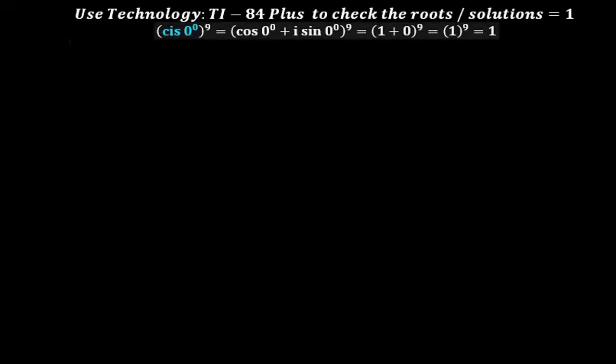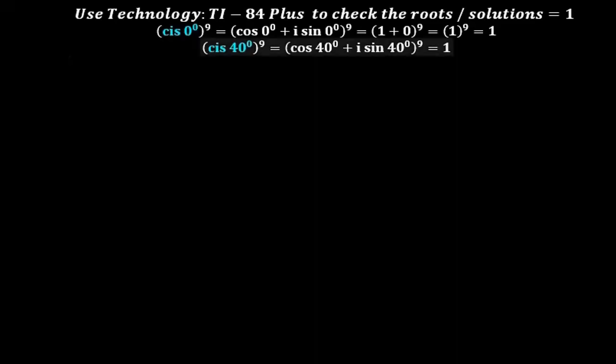Cosine 0 is 1, sine 0 is 0, so that's 1 plus 0 to the 9, which is 1 to the 9, which is 1. Cis 40 degrees to the 9 in TI-84 Plus, if you put cosine 40 degrees plus i sine 40 degrees to the 9, you will get 1.